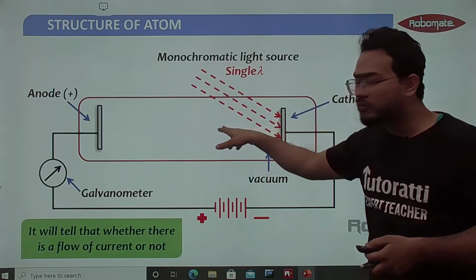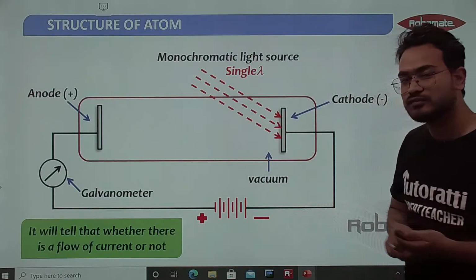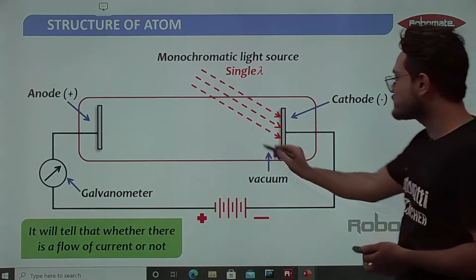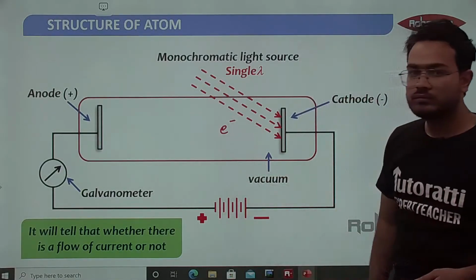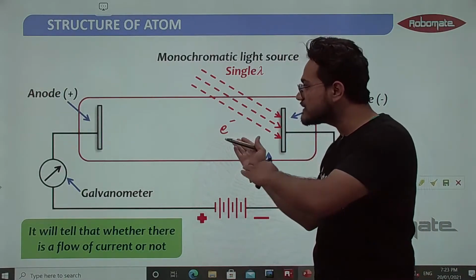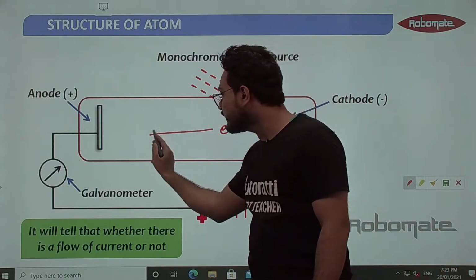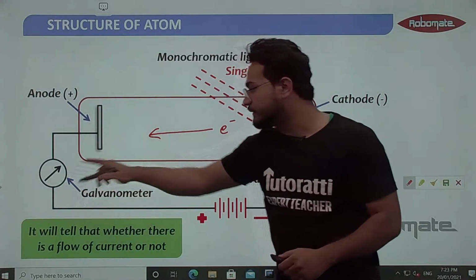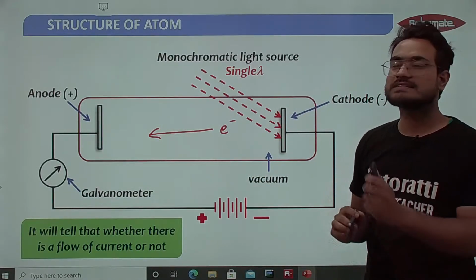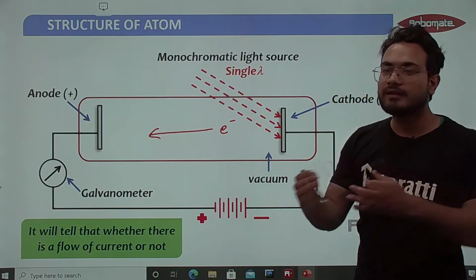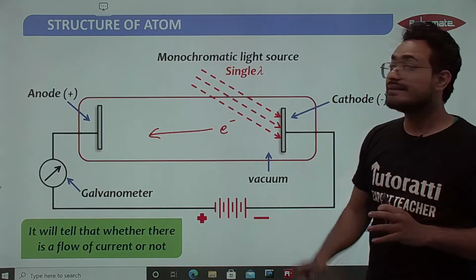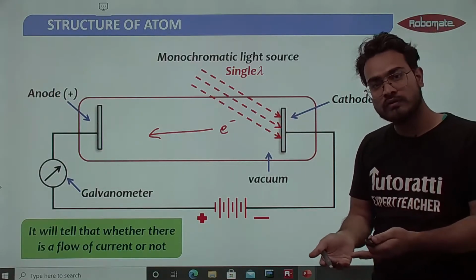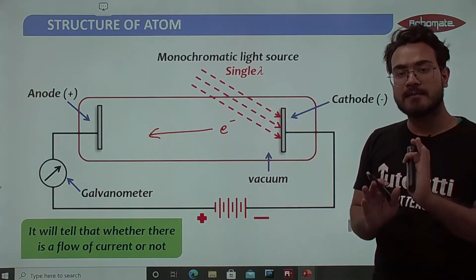As soon as the electron gets freed, imagine this is the electron which is coming out. Now this is a positive end. Electron is negatively charged, so it will be attracted towards the anode, and as the electron reaches the anode, there will be a reading in the galvanometer, and you will know that some current has been passed. When the current is passed, you get to know an electron was ejected, and thus we know that the photoelectric effect is happening.